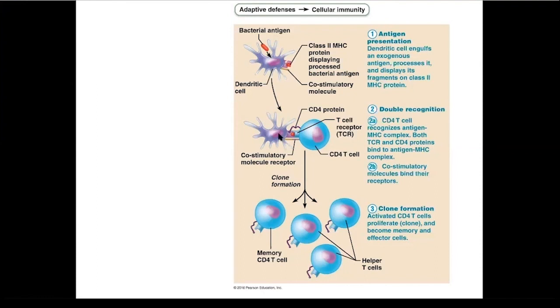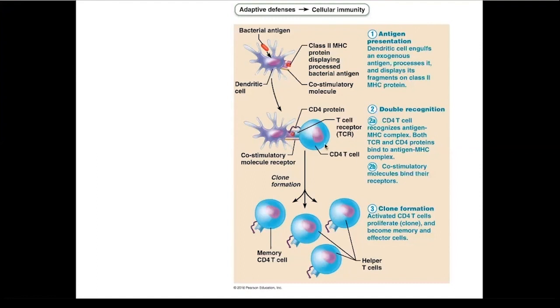Dendritic cell then comes across a CD4 T cell that has the T cell receptor that recognizes that specific antigen. When it comes across that, the TCR will bind with the MHC antigen complex as well as the CD4.